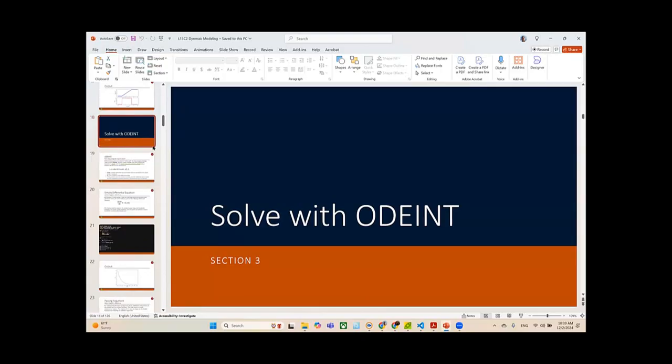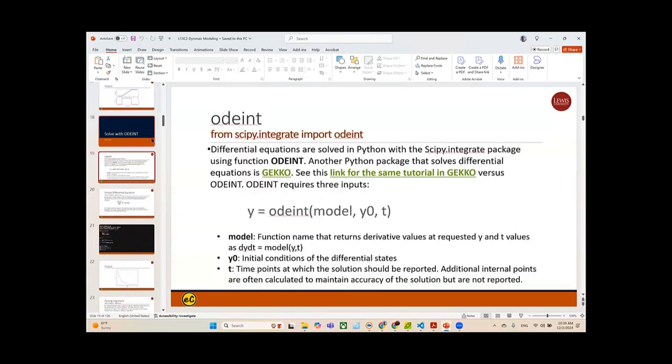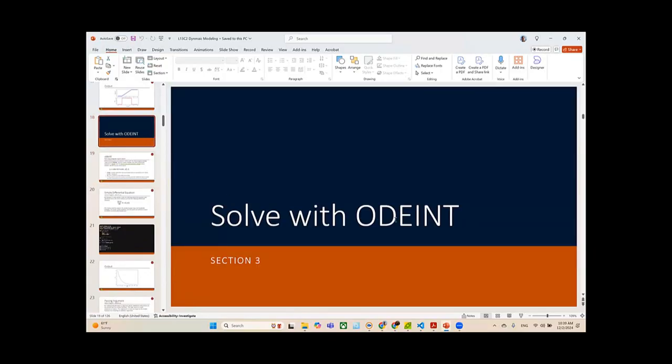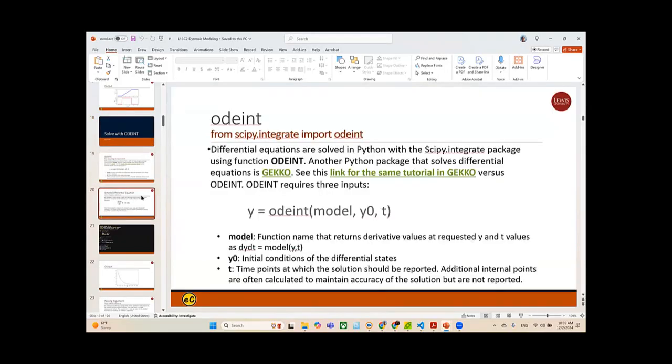And then you can solve it with ODEINT, the ordinary differential equation integrator. Okay, you use that to solve it. And this one is actually in SciPy's integrator.